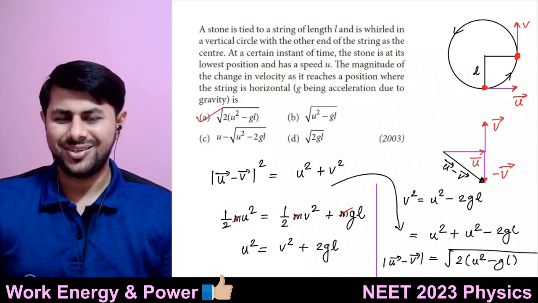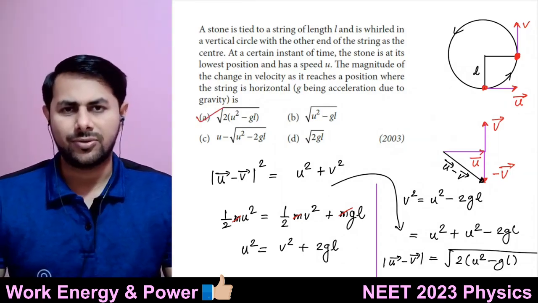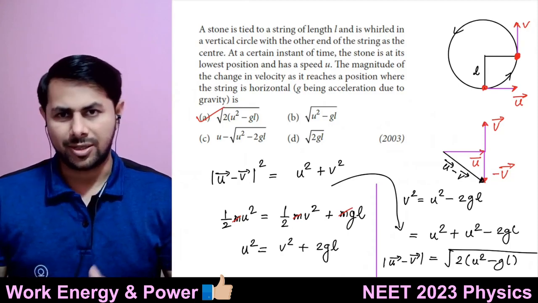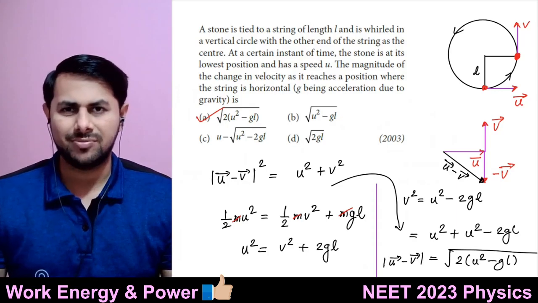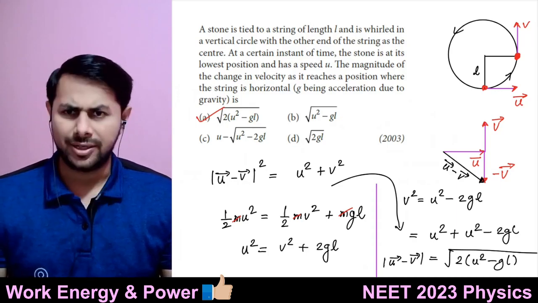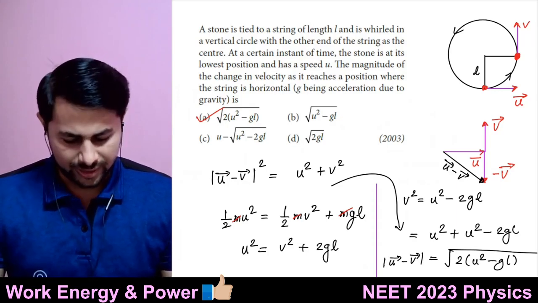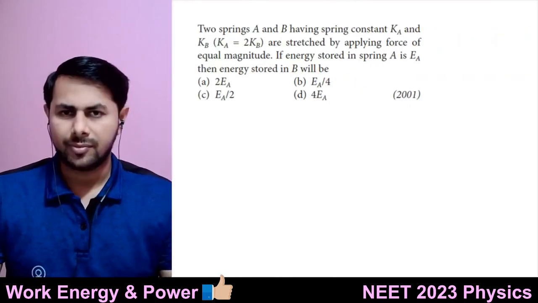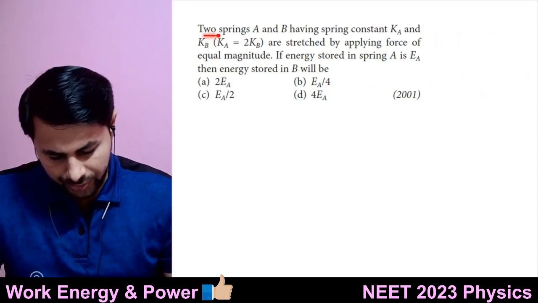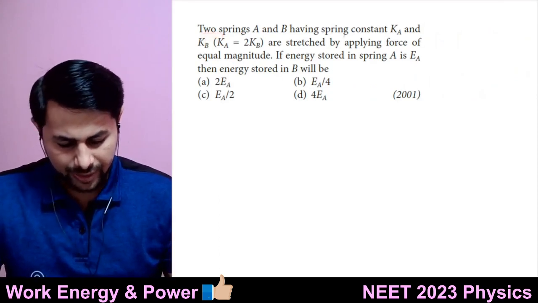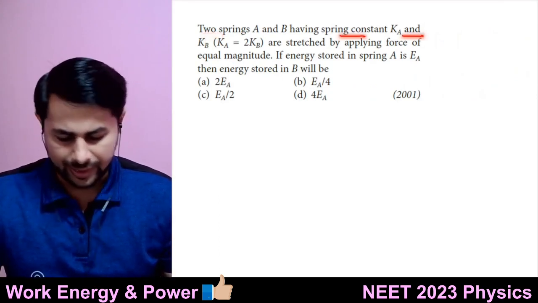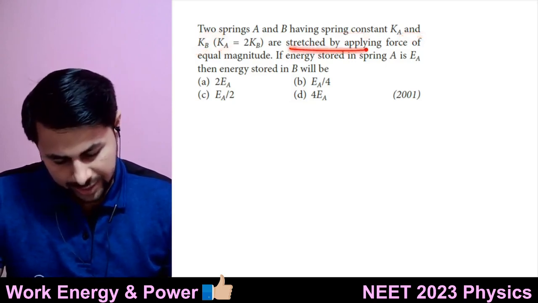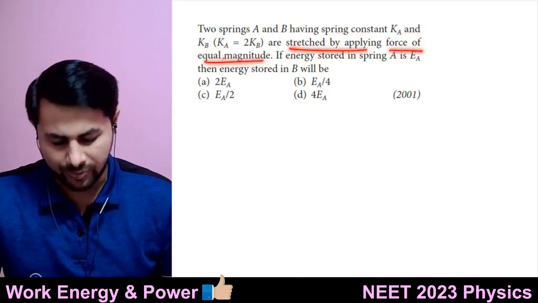Is it clear? Now next we will solve questions based upon the spring block system. We had covered the theory of the spring block system in the earlier lecture, in yesterday's lecture. So let us solve the questions. Two springs A and B having spring constants Ka and Kb, where Ka is equal to 2 times Kb, are stretched by applying a force of equal magnitude.